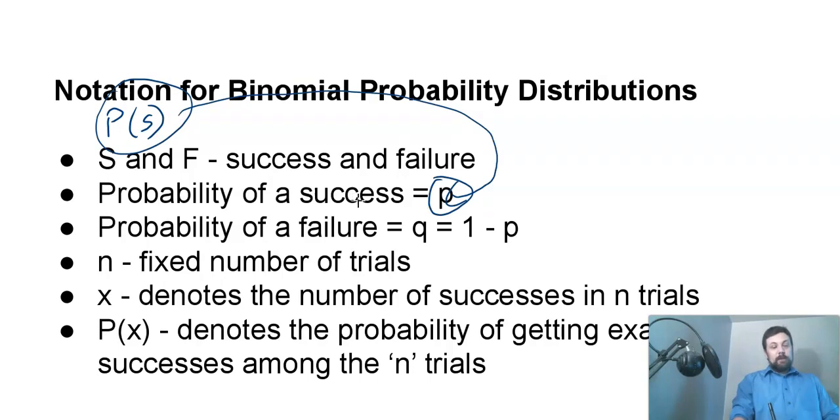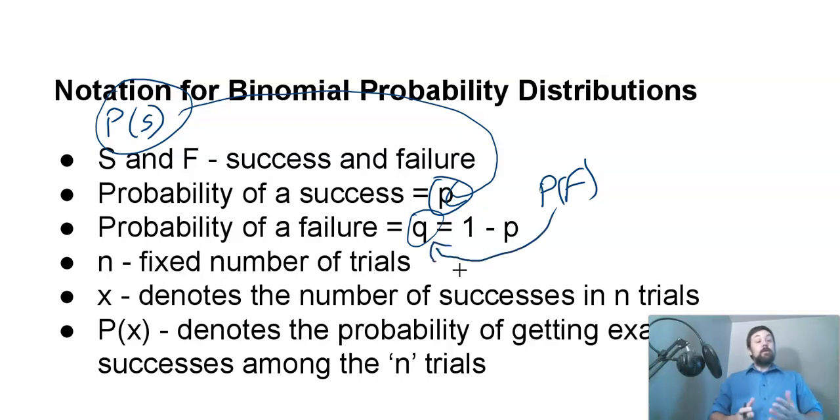So the probability of a success, instead of writing it with this function notation, we're just going to call that lowercase p. So p is the probability of a success. Q will be the probability of a failure, right? So this is going to be the probability of a failure, Q. And because there's only 2 outcomes, these are complements of each other.